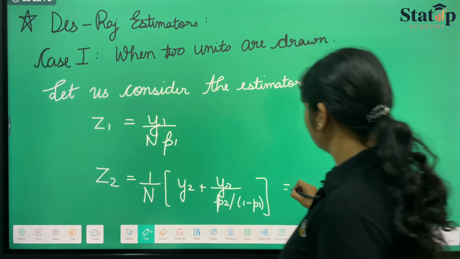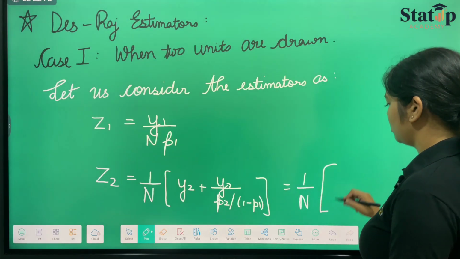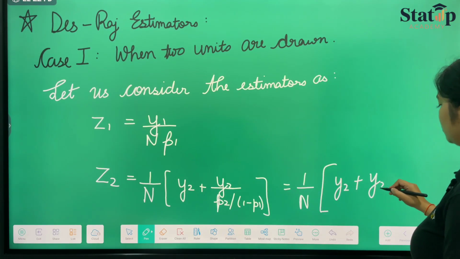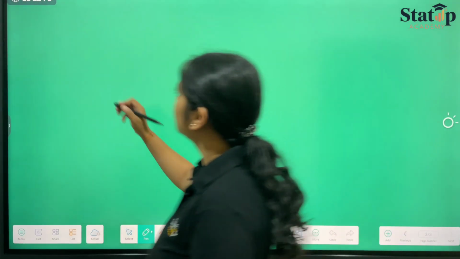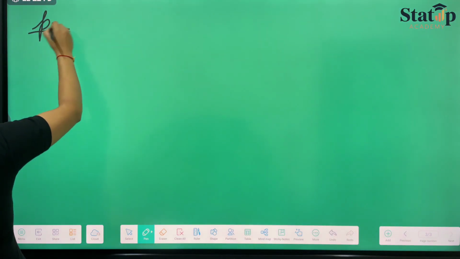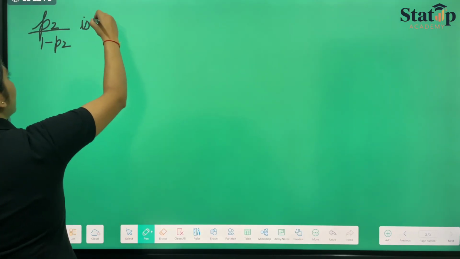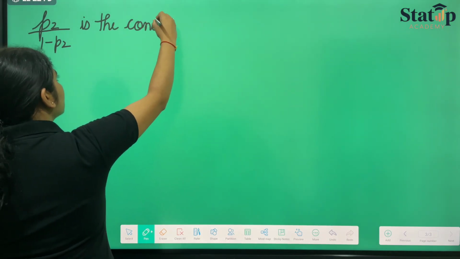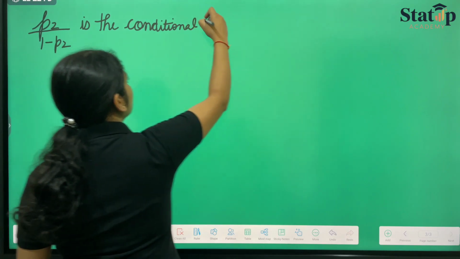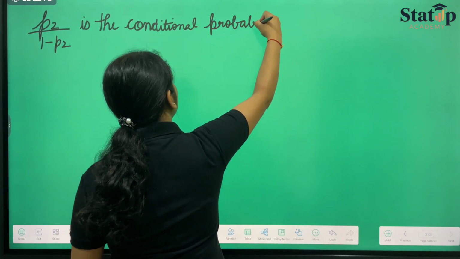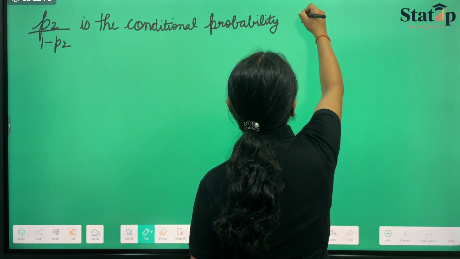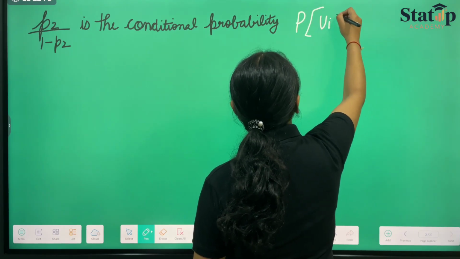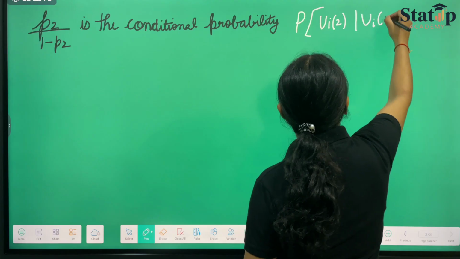This can be written as 1 upon n times y2 plus y2 into 1 minus p1 upon p2, where p2 upon 1 minus p1 is the conditional probability, which is the probability of selection of ui2 when ui1 has already been selected.